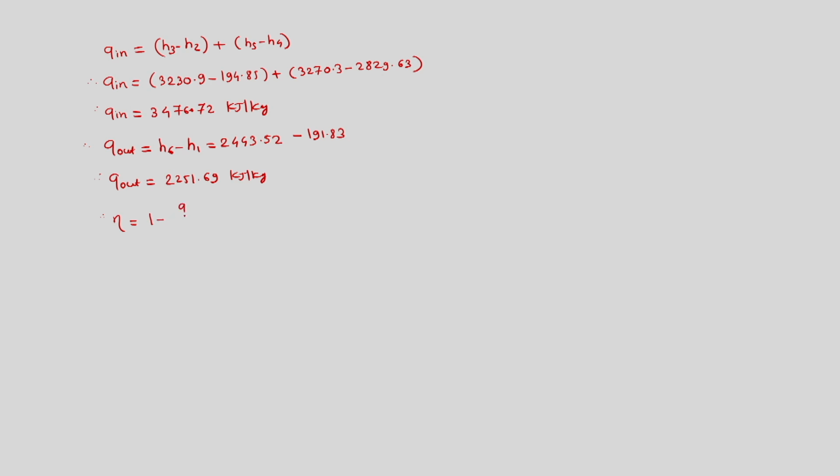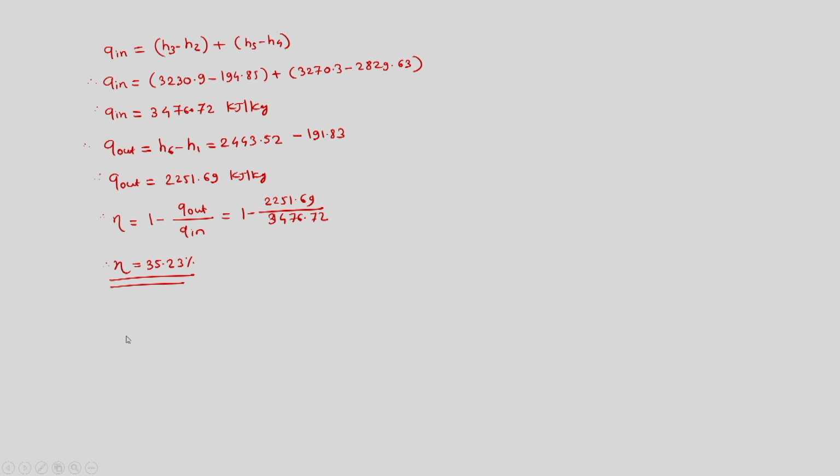So we can find efficiency as 1 minus Q out upon Q in. So it is 1 minus 2251.69 divided by Q in, which is 3476.72, and we get efficiency as 35.23%.